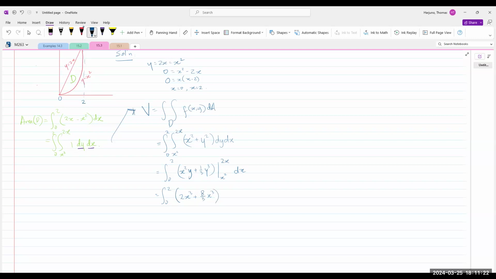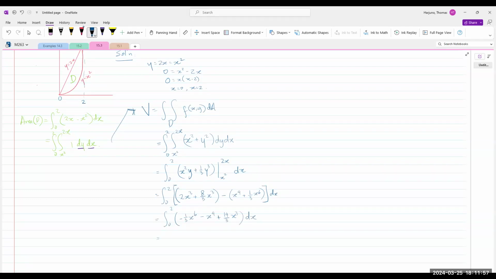Okay. Minus x to the 4th plus 1/3 x to the 6th dx. Combine like terms if possible. Integral from 0 to 2 of negative 1/3 x to the 6th minus x to the 4th plus, what is this? 14 over 3 x cubed dx.